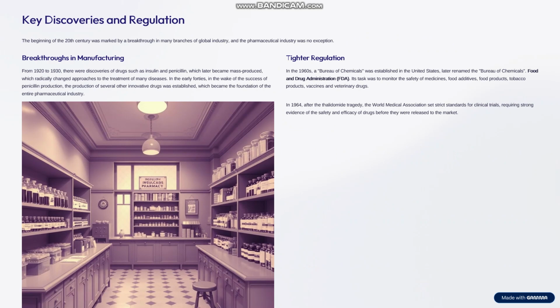Its task was now to monitor the safety of medicines, food additives, food products, tobacco products, vaccines, and veterinary drugs. In 1964, after the thalidomide tragedy, the World Medical Association set strict standards for clinical trials, requiring strong evidence of the safety and efficacy of drugs before they were released to the market.